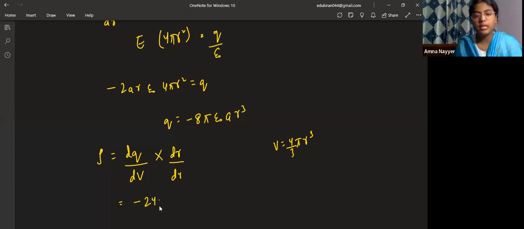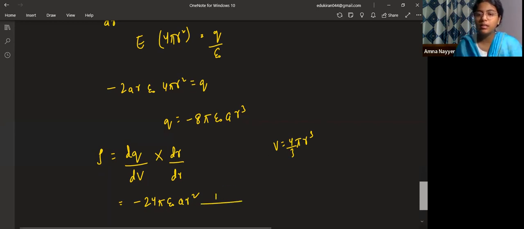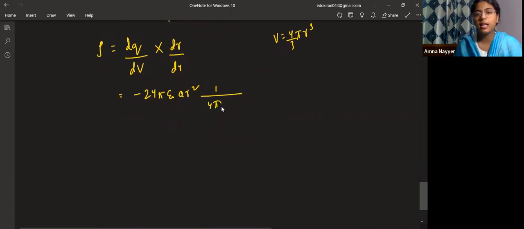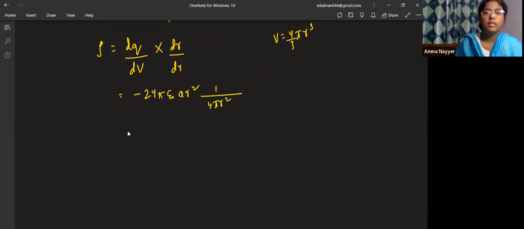So minus 24 pi epsilon naught A r square, because 1 r is going to get cancelled, into 1 over 4 pi r square, right? So 4 becomes 6, pi gets cancelled, r square gets cancelled. So minus epsilon naught A.